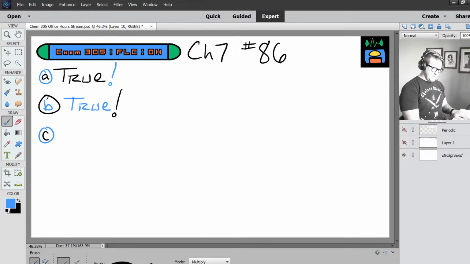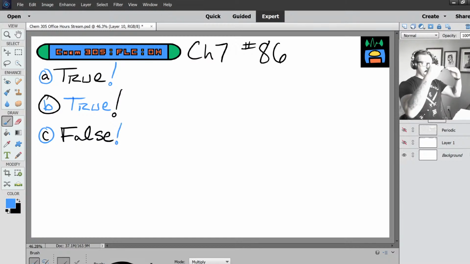Part C: in a boiling liquid, the vapor formation occurs within the body of the liquid. That one is false. The vapor formation occurs at the surface of the liquid, but not down in the body.